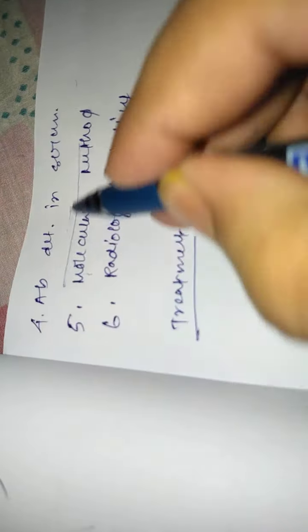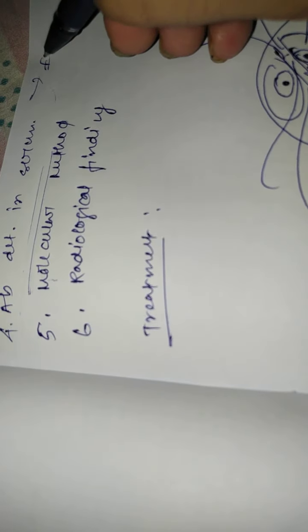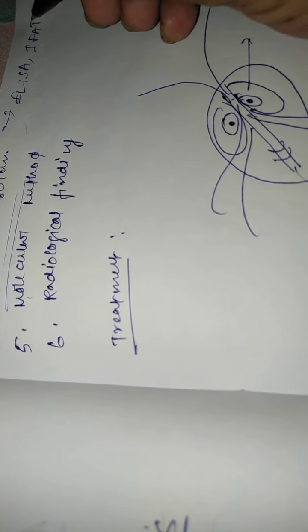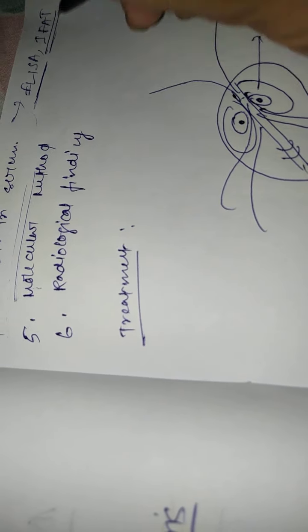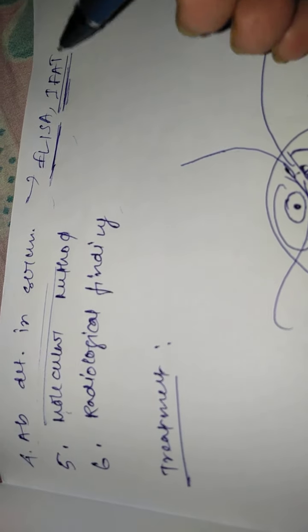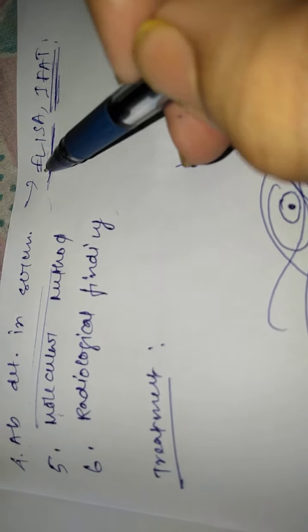Another method is antibody detection in the serum. For this we can do ELISA or indirect fluorescent antibody testing, but it is not very helpful because it is also positive in case of past infection, right? Another one is the molecular method.